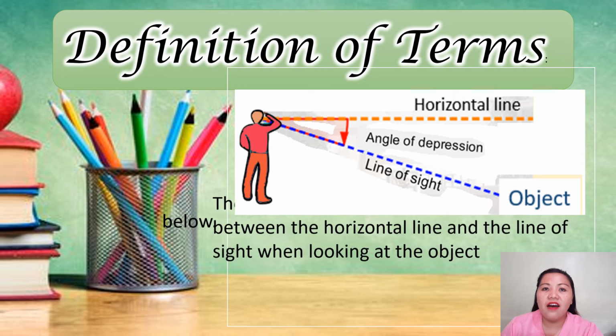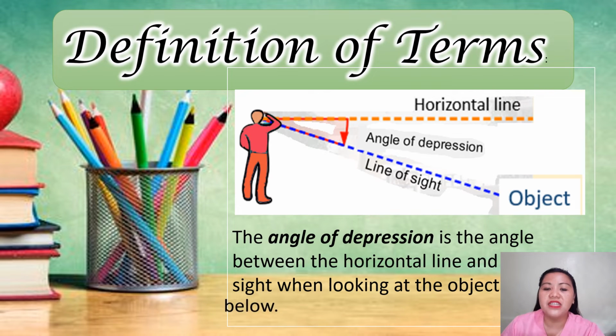The angle of depression is the angle between the horizontal line and the line of sight when looking at an object below. In other words, it is the angle from the horizontal to the line of sight of an observer to the object below.